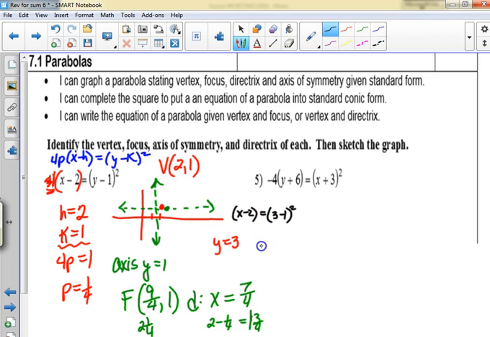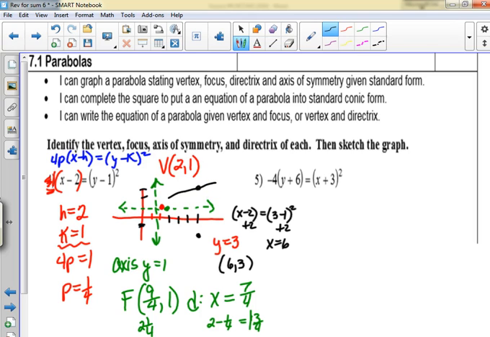Oh, this is nice because there's no 4p even out there. What do we get over here? 3 minus 1 is 2, squared is 4. Add this 2 over to that side. We get 6. Did I do that right? So I got 6, 3. 1, 2, 3, 4, 5, 6. Was up 1, 2, 3. So it would also be the value at -1 because that would be down 2.